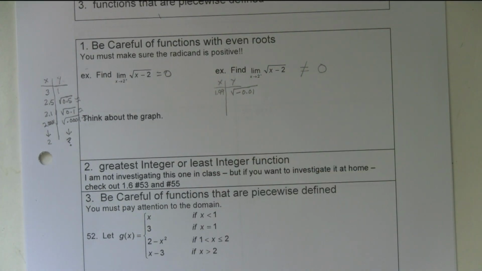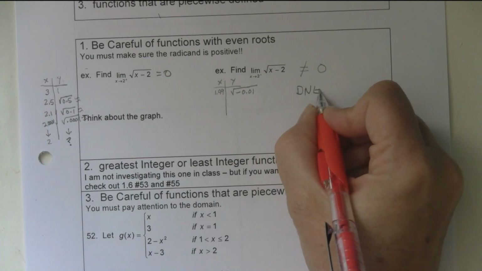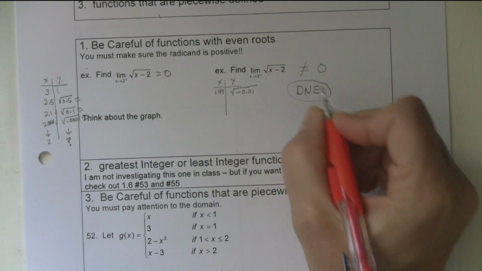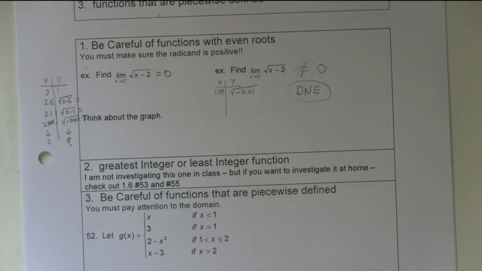My thinker is thinking about breakfast at this point. Yes, it is negative 0.01. And you can't take the square root of negative 0.01. That's undefined. And so anyway, that's the issue there. And so the idea here is that it would be does not exist. It's not equal to 0. If you use the substitution method, then you might think, well, it's 0, but the substitution method wasn't appropriate to use here.